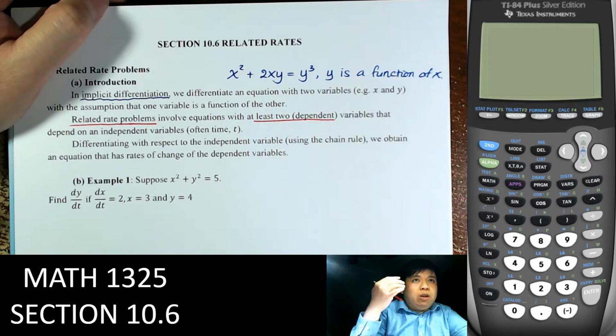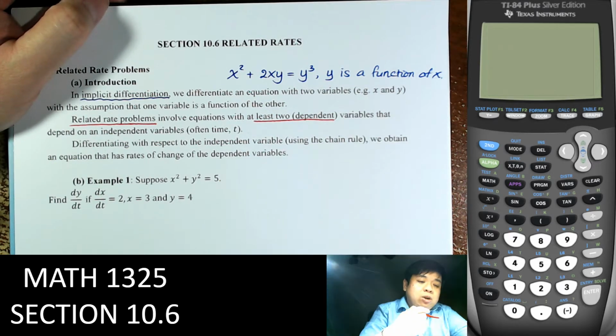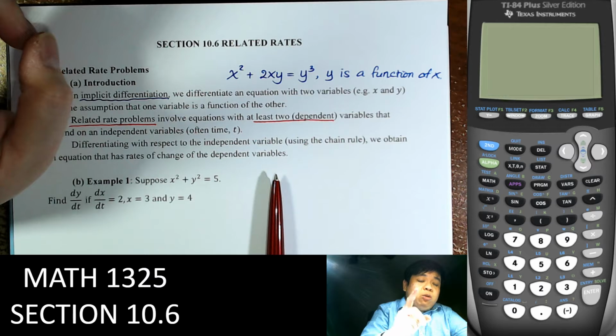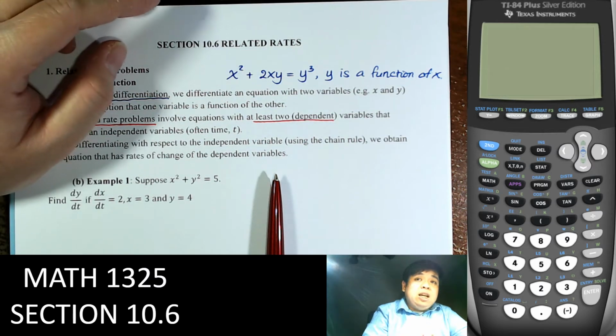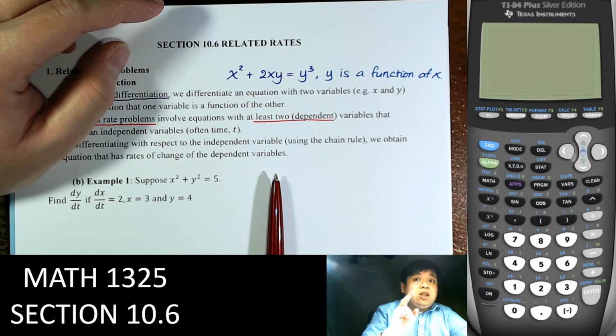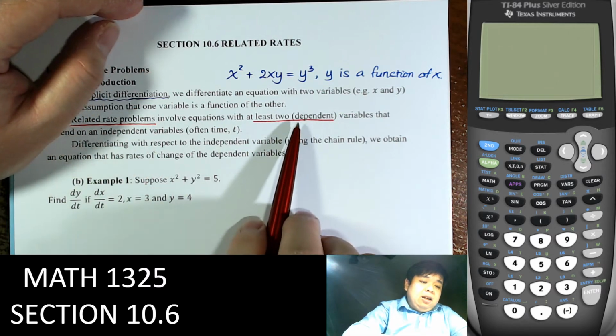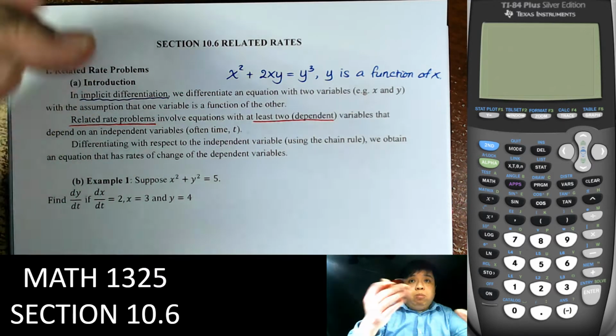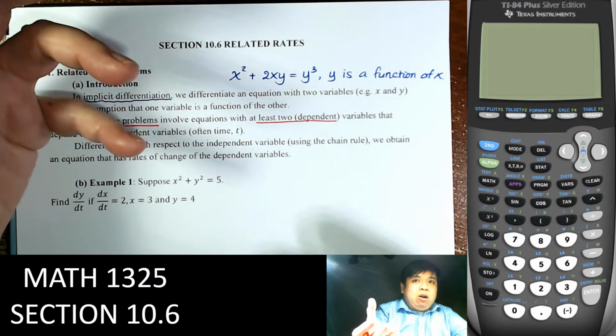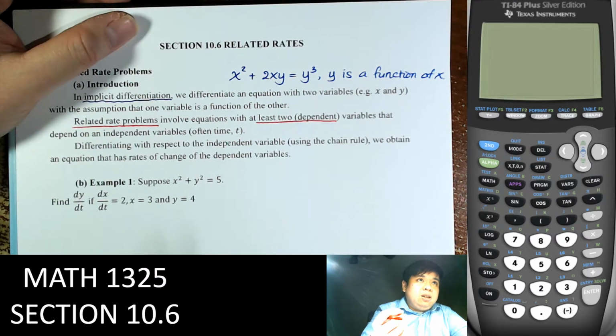Therefore we call the problem related rates. Once again, there are two variables, we take the derivative of those variables with respect to t, we have at least two rates, and because they come from the equation, the rates are related, so we call them related rates.